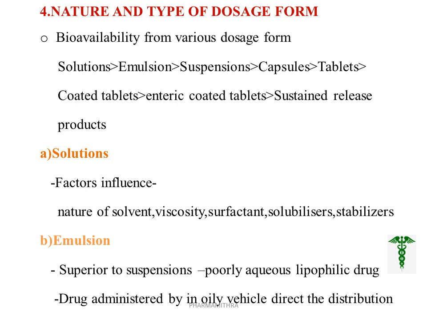In case of the dosage form emulsion, it is superior to suspensions. We observe that in case of indomethacin, an NSAID, when it is dissolved in vegetable oil and emulsified, the absorption can be increased 3-fold.